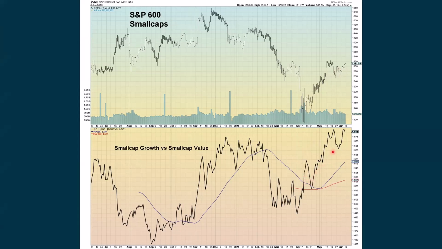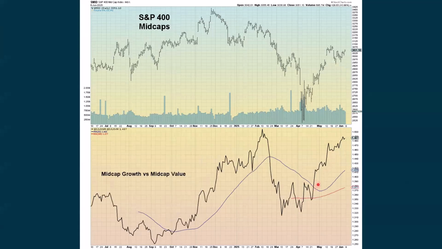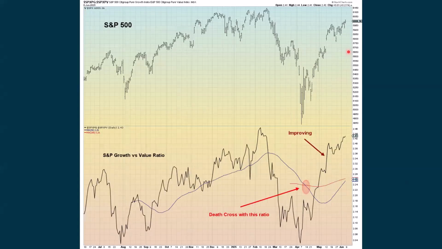So this is more positive for the small caps. We're also looking fairly positive with the mid caps, even though they've been chopping sideways too. What we really pay attention to is S&P growth to value. That affects the S&P 500. And we're above both of the moving averages, and we're getting close here to a golden cross where we would switch from a downtrend to an uptrend. So this is looking better too, and this is more positive for the market.